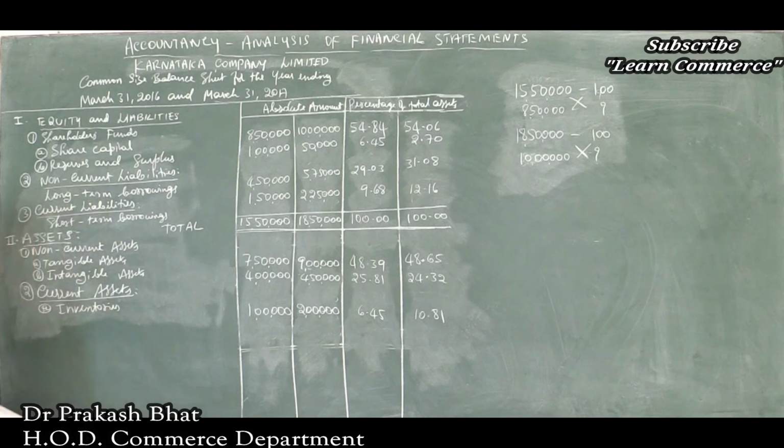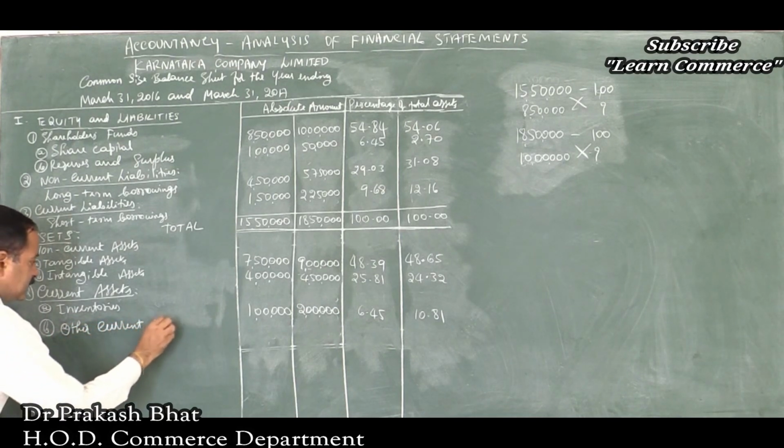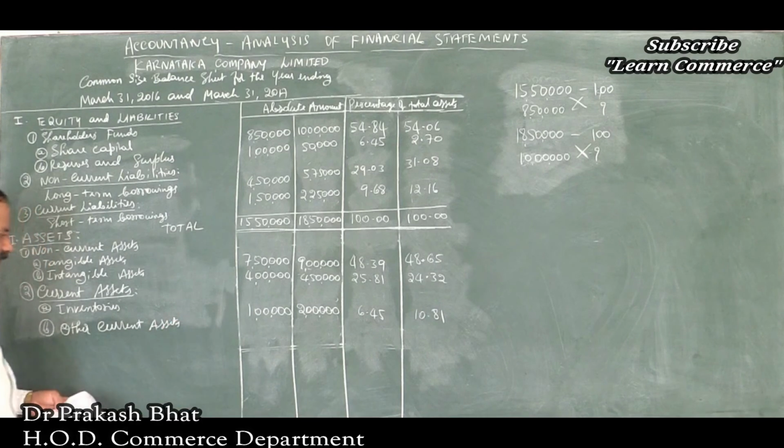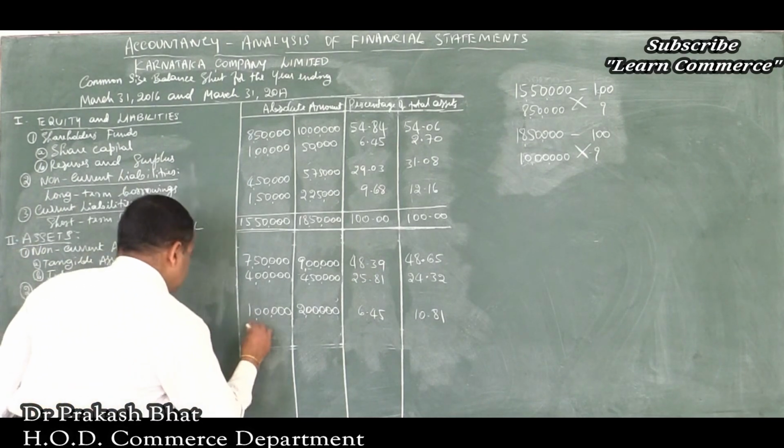Then point B, other current assets. Under that, 3 lakh and 3 lakh, 3 lakh each.